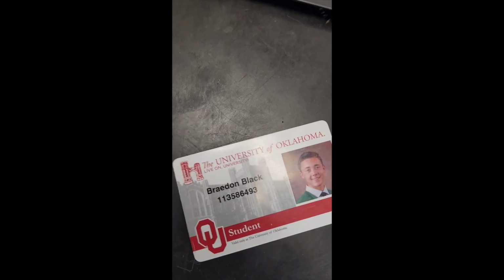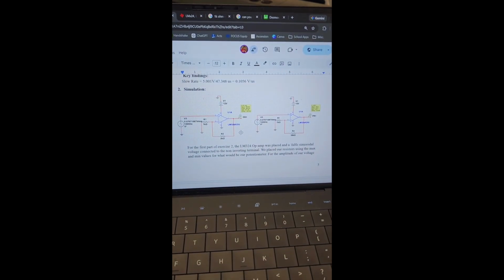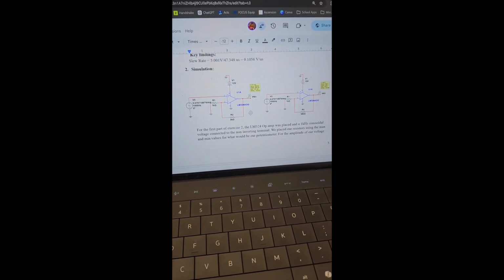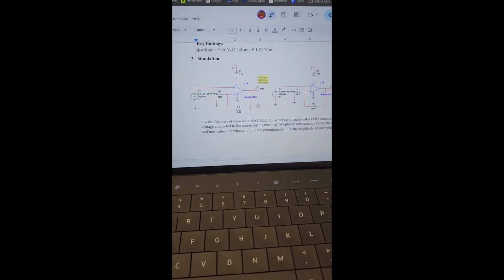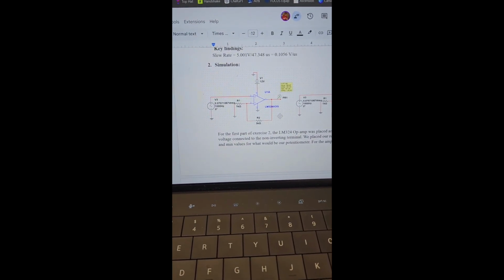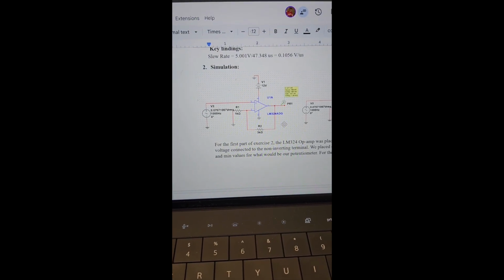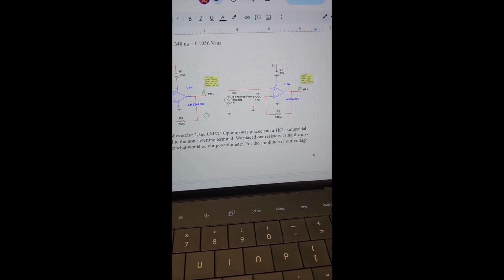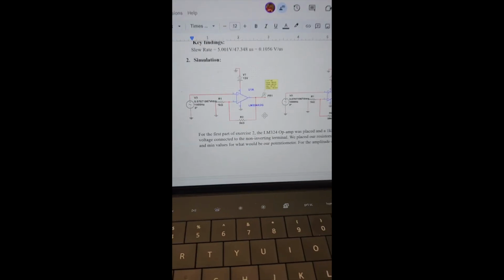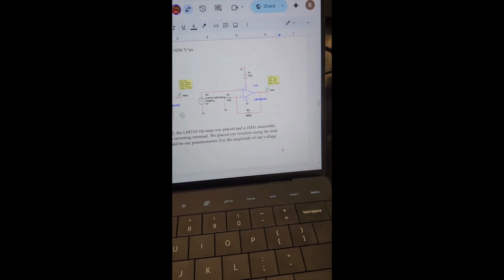Hello, my name is Braden Black, and this is exercise 2. For exercise 2, the first part, we were asked to create a variable operational amplifier. Based on the 1 kilo ohm resistor value given, we designed our op amp to range from 3 kilo ohms to 39 kilo ohms, which gives us a gain from 4 to 40.